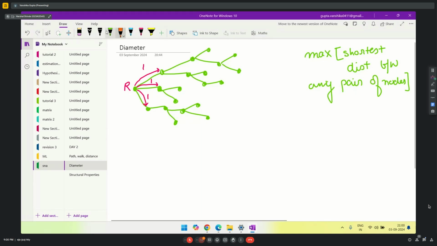Now let's go to the second walk. After the first walk, wherever you have reached, I have reached this node, and here I have reached here. Now from this point again, I will walk one step ahead. So I have these many possibilities to go one step ahead.